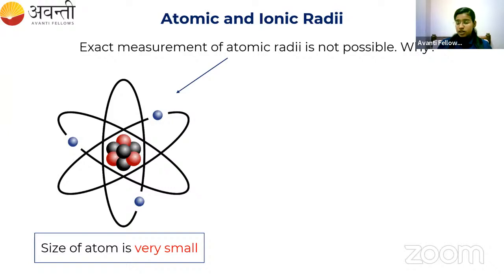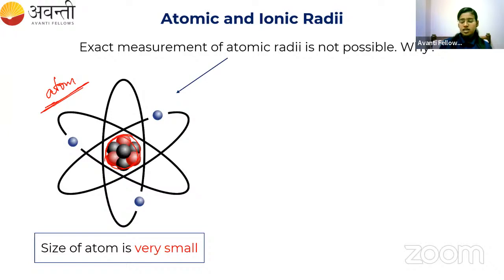So we have an atom and the nucleus. Inside the nucleus we have neutrons and protons, and the electrons are revolving around the nucleus in each orbit. The size of the atom is so small that we cannot take out the radius itself.